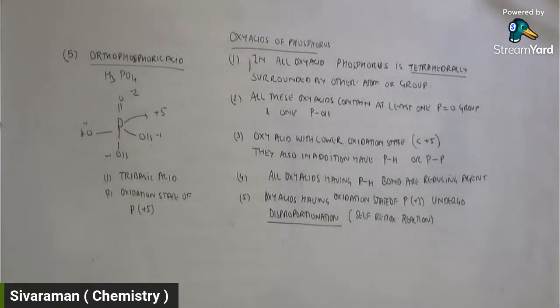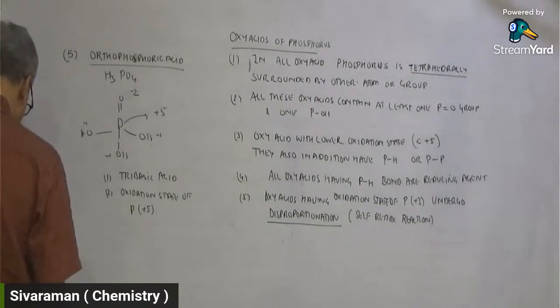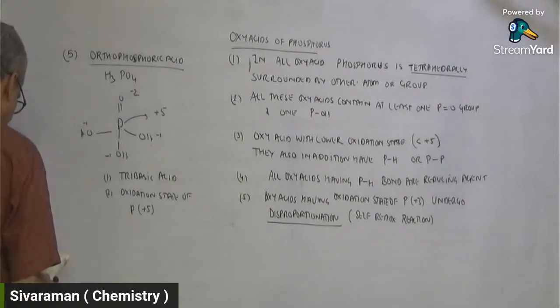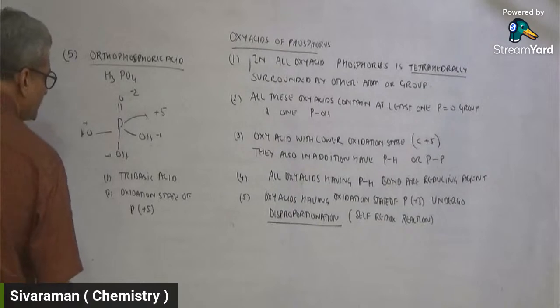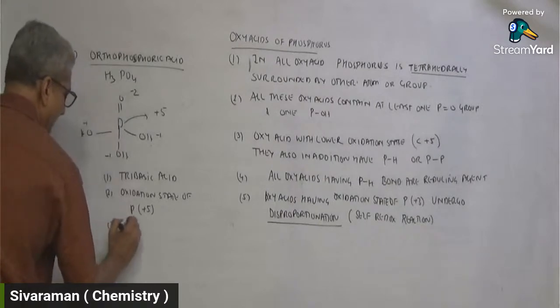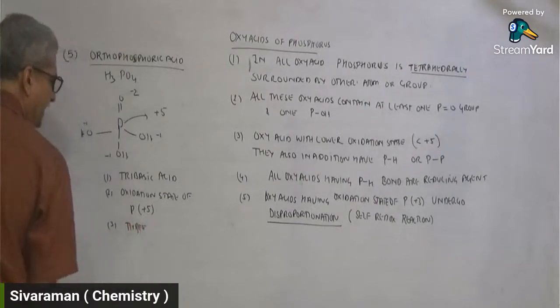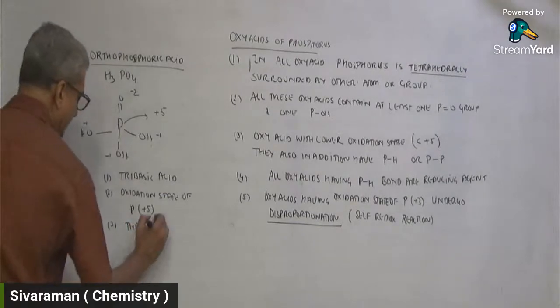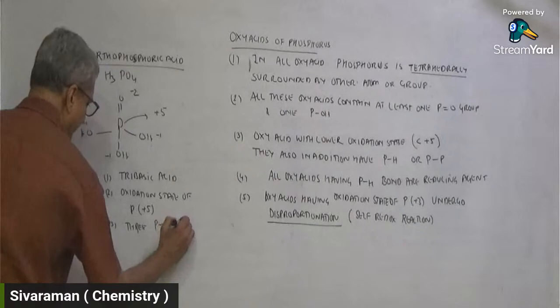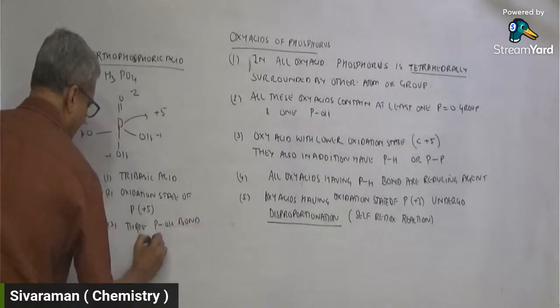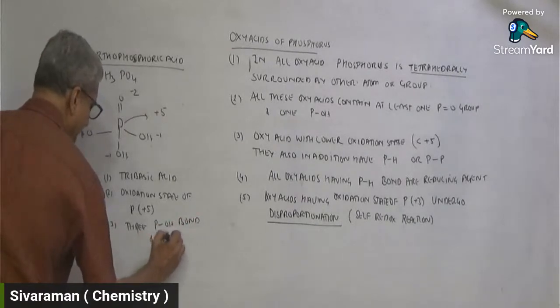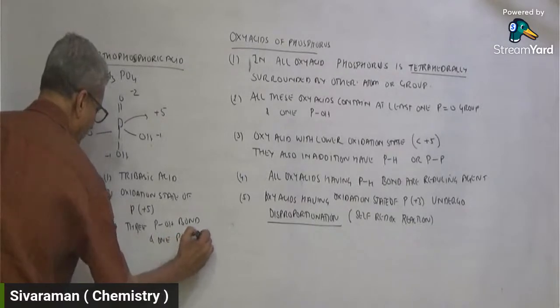The rest, everything you can work out the way I am doing it. It will be easy for you. Is this clear? It has 3 P-OH bonds and 1 P double bond O bond. This is repetition, but I am writing it because this kind of question is asked.